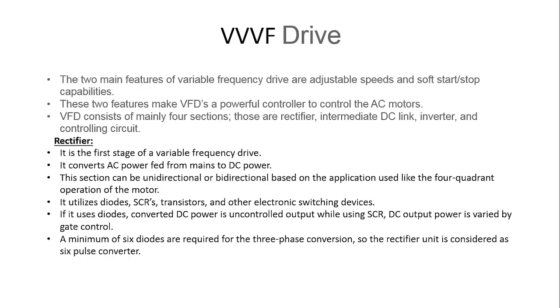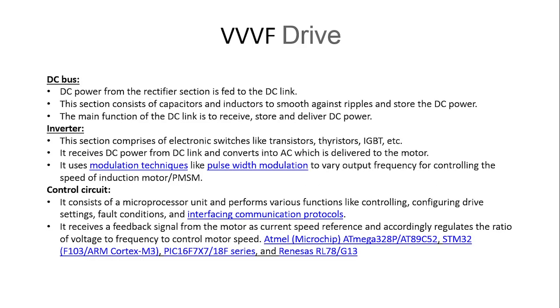The output is DC power, and the DC power output can be varied when we use a bidirectional switch like an SCR with gate control, that is, the pulse is triggered by the microcontroller unit. The DC bus's main function is to receive the DC power, remove the ripples, store it in the capacitor, and deliver the DC power to the inverter unit.